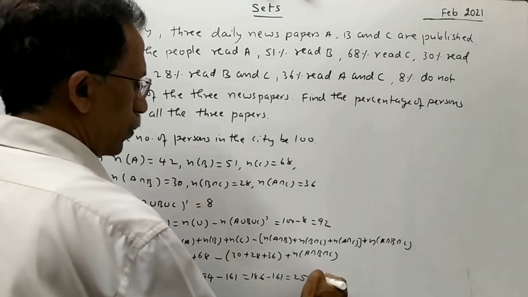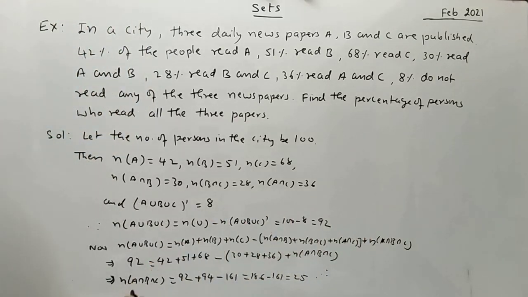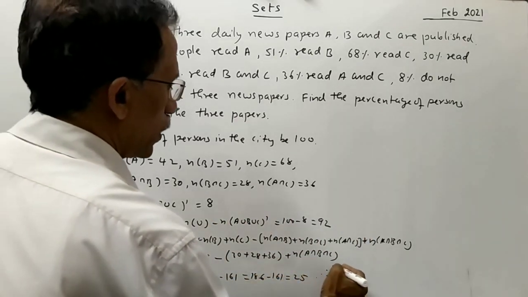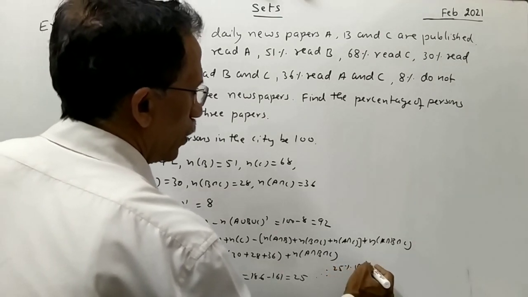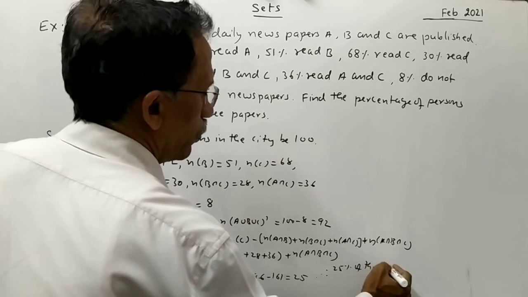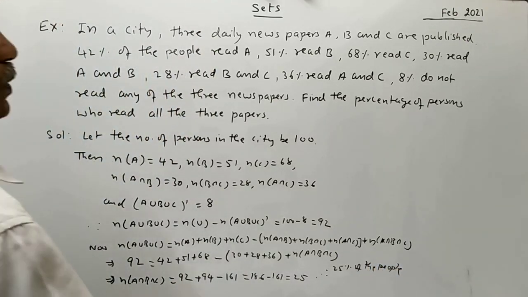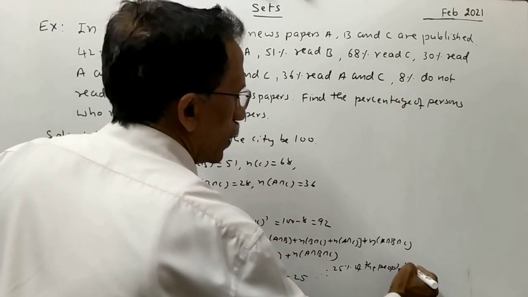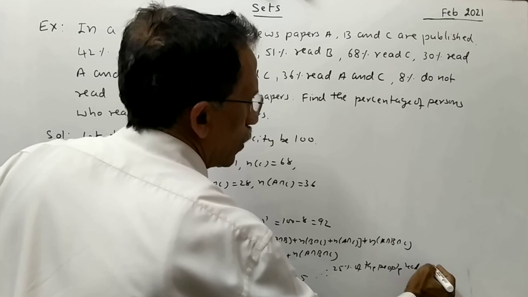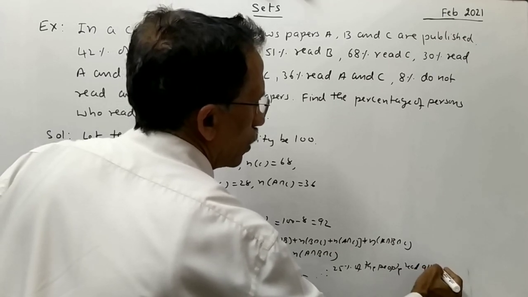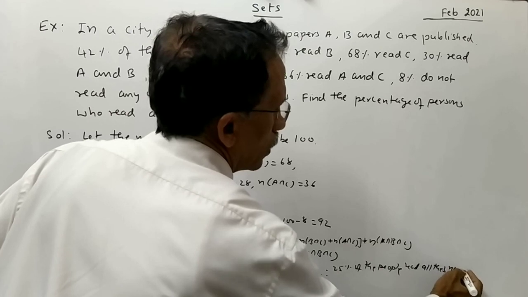Therefore, 25% of the people read all the three newspapers.